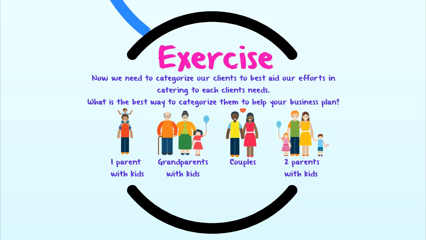One parent with a kid, especially dad with their son, I guess I'm speaking from experience, I would go in there and probably give them more candy than my wife would. Grandparents with the kid would probably give them even more candy. But couples aren't necessarily going to have the same type of candy preference. They might be buying chocolate, as compared to a parent with a kid who might be buying a sucker. But that's what statistics are going to do for us.